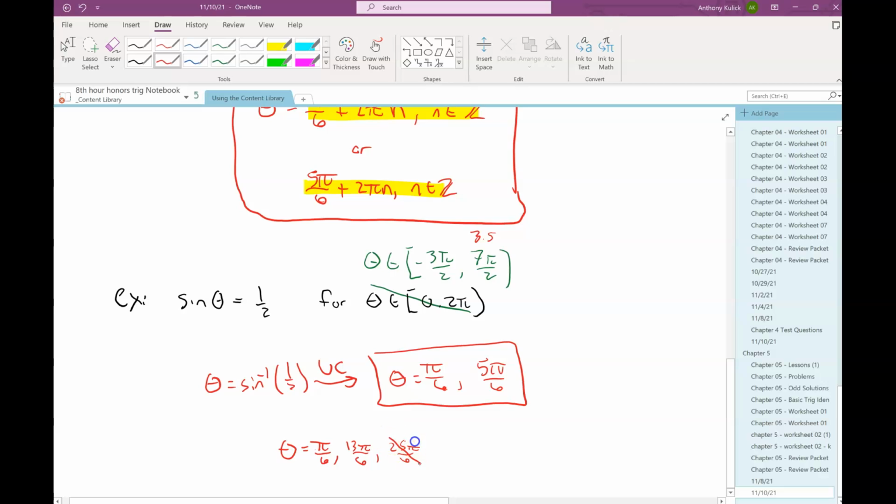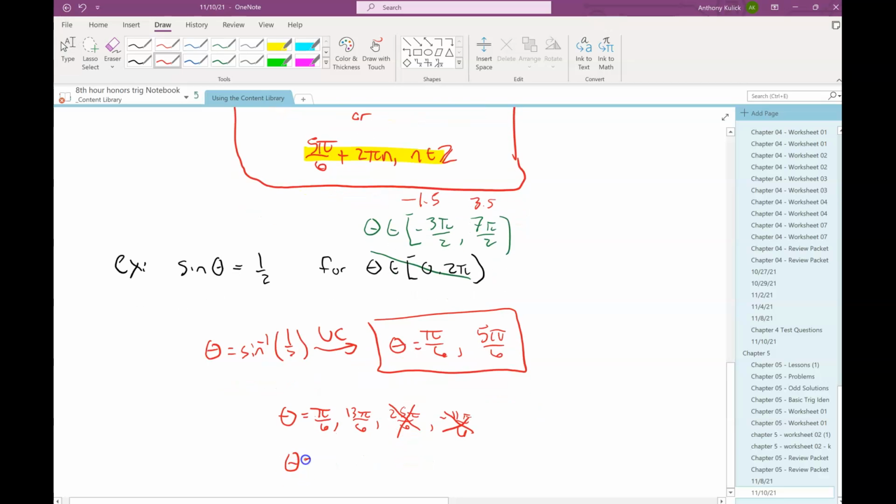That's too big, so I don't want that one. If I subtracted 2 pi, that is like negative 2 5/6. That's negative 1.5 pi. That's too small. So I don't want that one either.